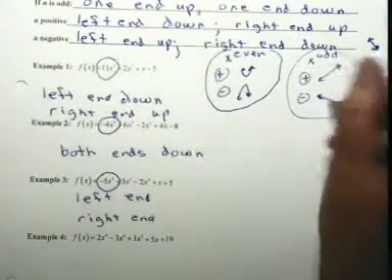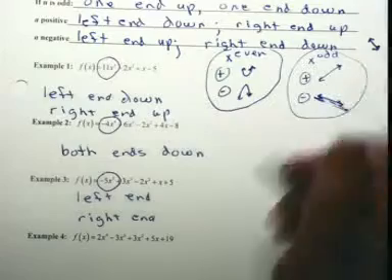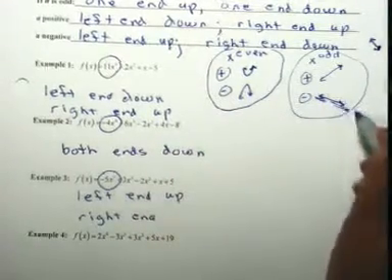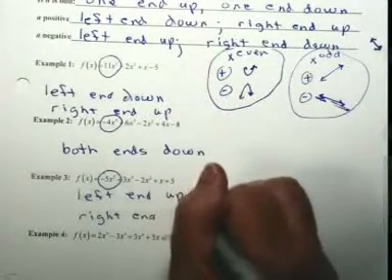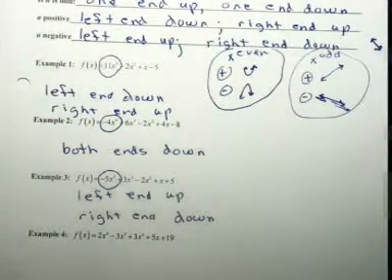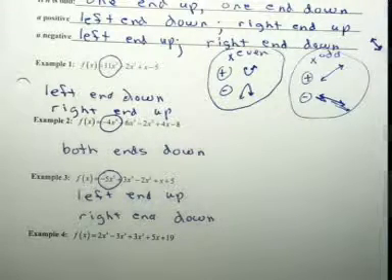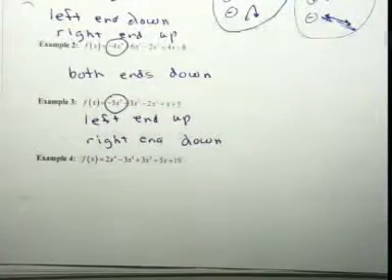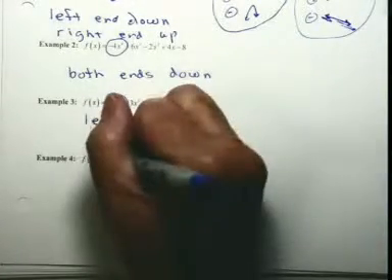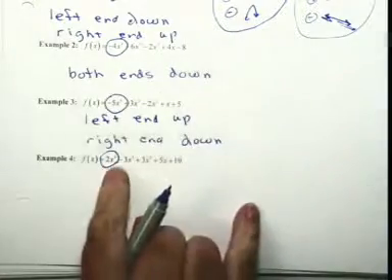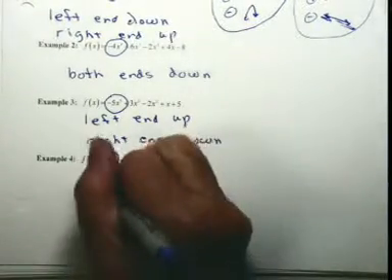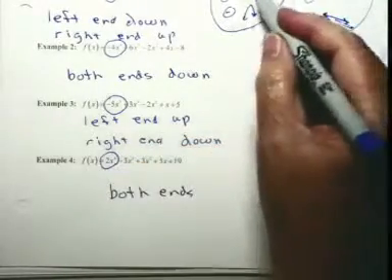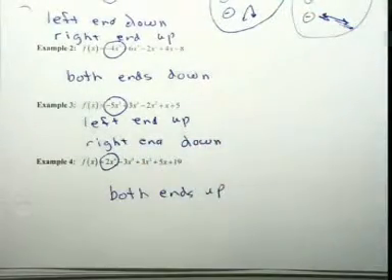But a negative slope says the left end was what? And the right end? Two x to the fourth. If the exponent's even, they're both the same, and if it's positive, both up.